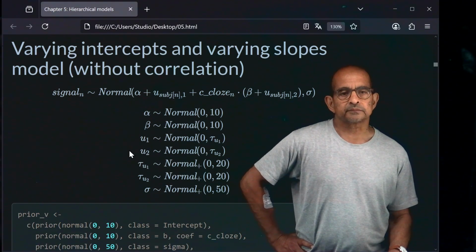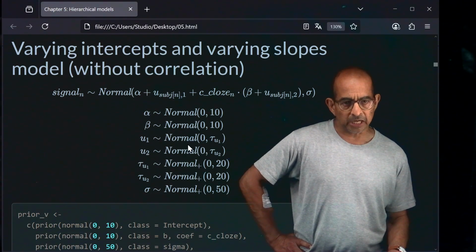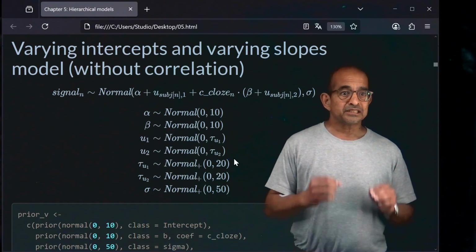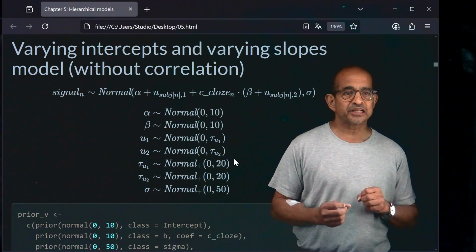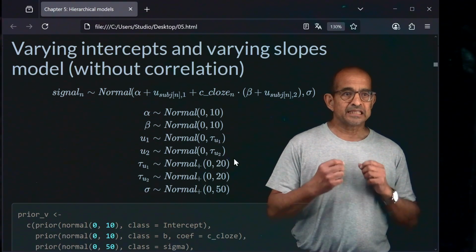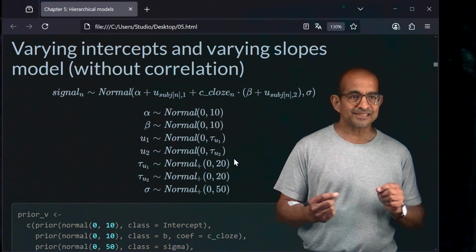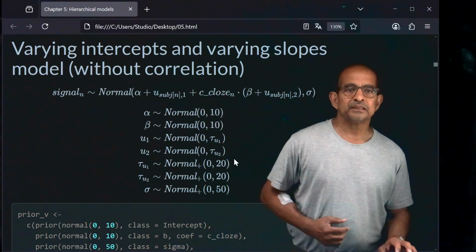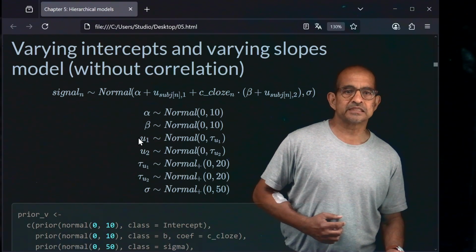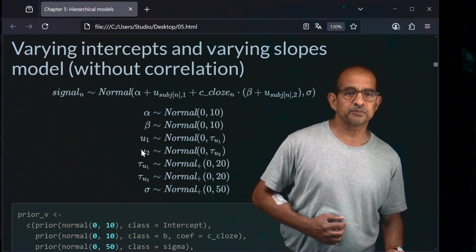So this prior specification here serves a very important function, and that function is to regularize the estimates, the posteriors of each of these parameters.